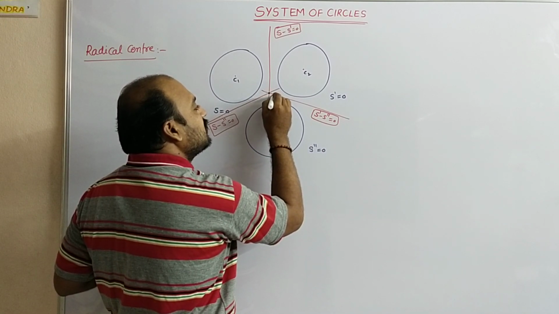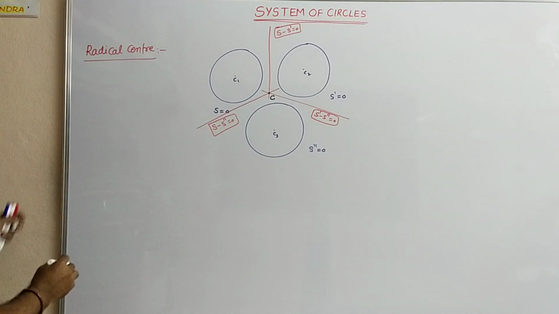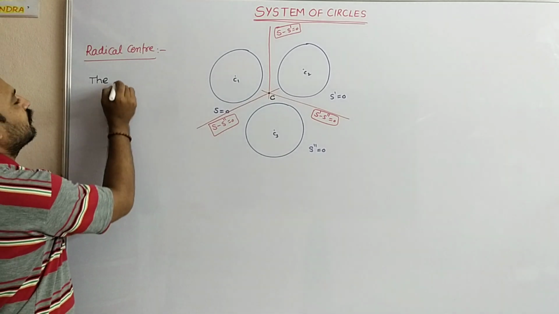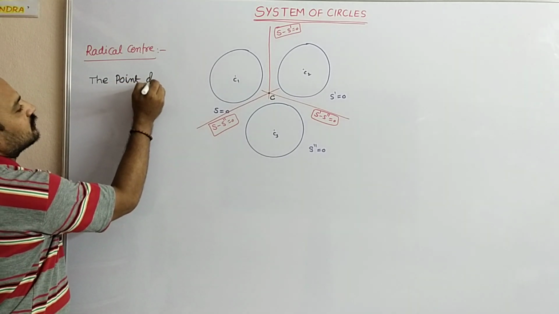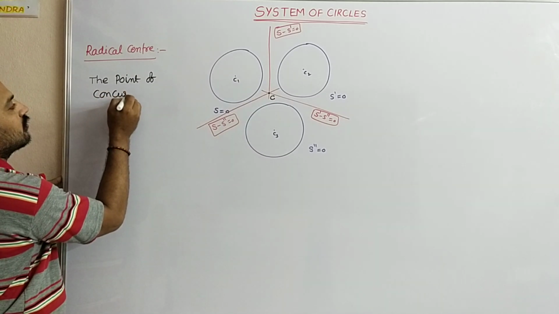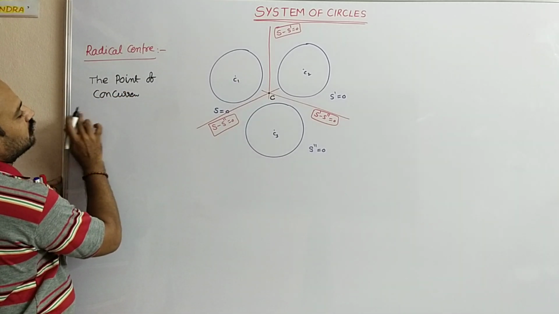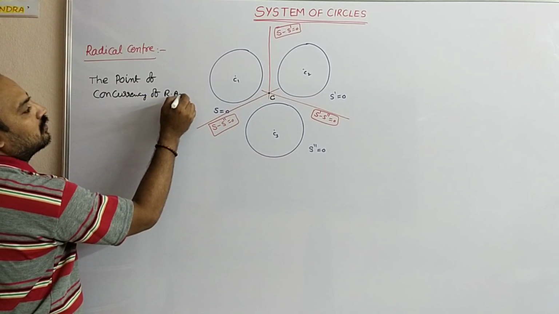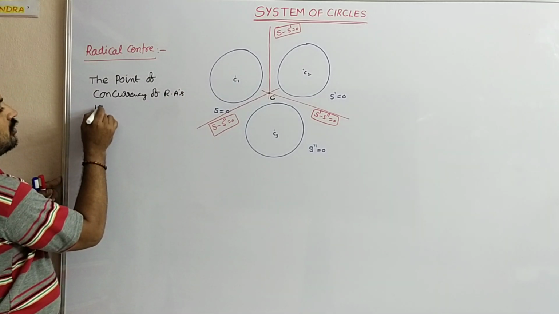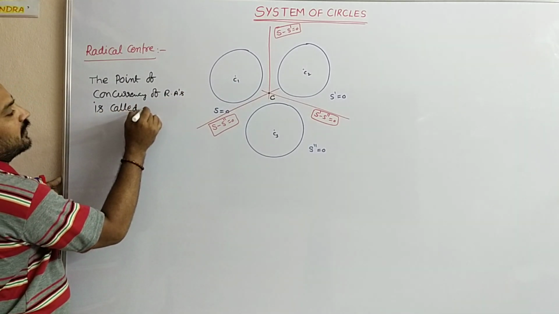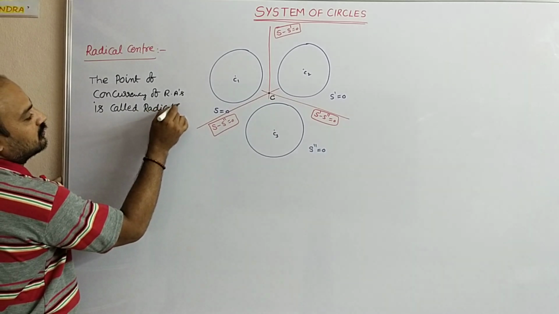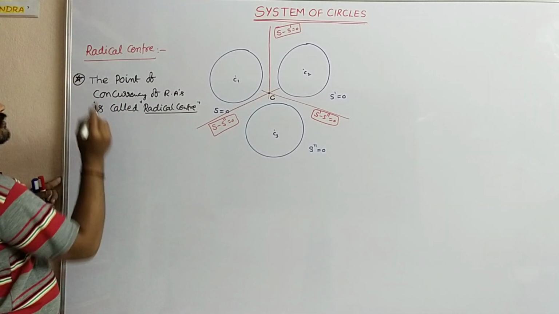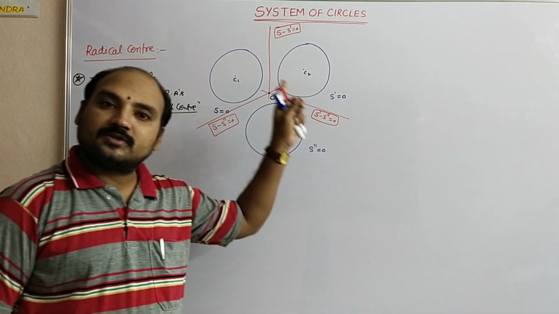It is denoted by C. The point of concurrency of radical axes is called the radical center. So this is about radical center.